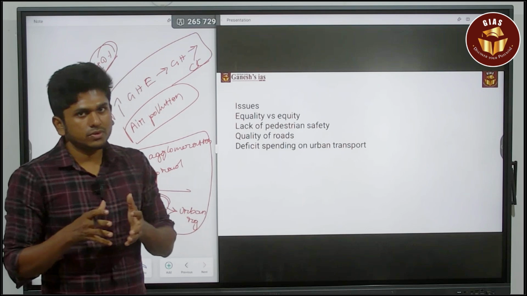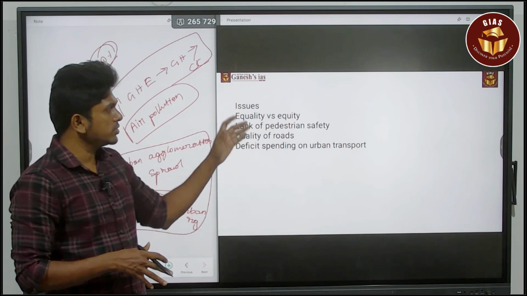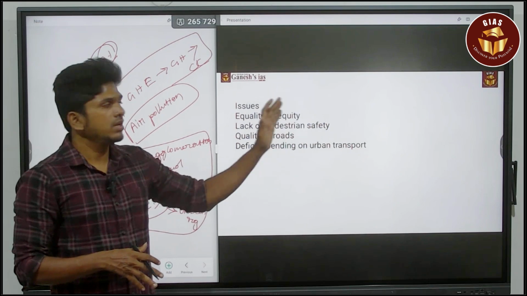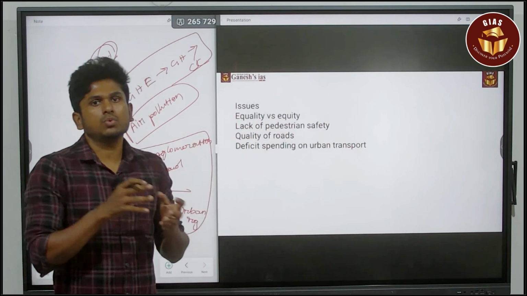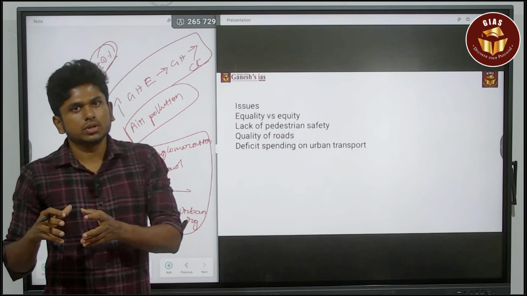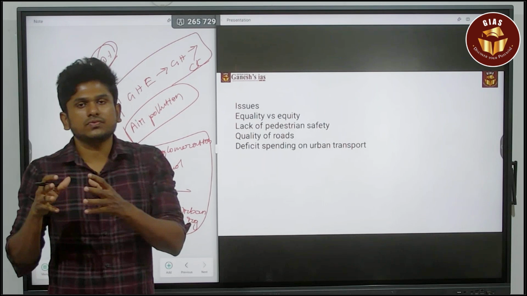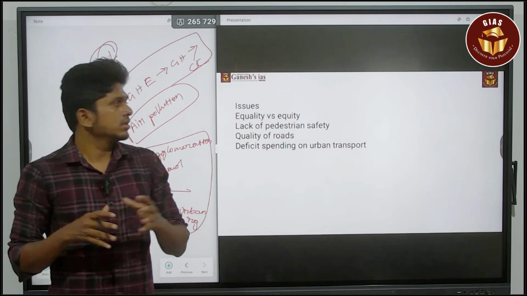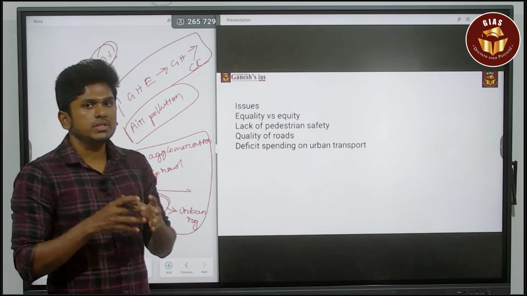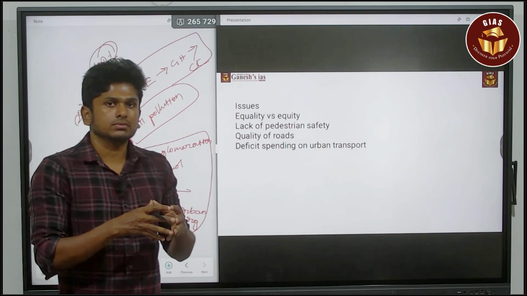Afterwards you have to give the suggestions. The suggestions should be like, these are the issues, and you make use of them. For example, if there is the inequality and equity issue, we have to overcome this equity issue by providing ramp facilities and a user-friendly environment for the handicapped. And for the lack of pedestrian safety, we have to increase pedestrian safety by providing strict rules.